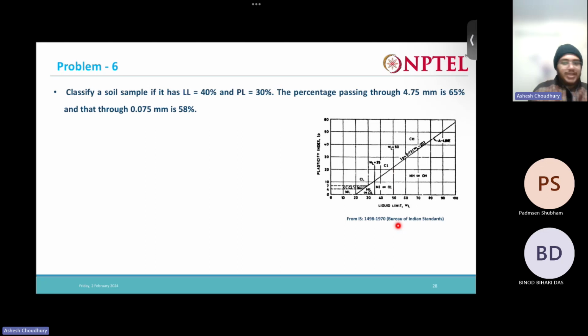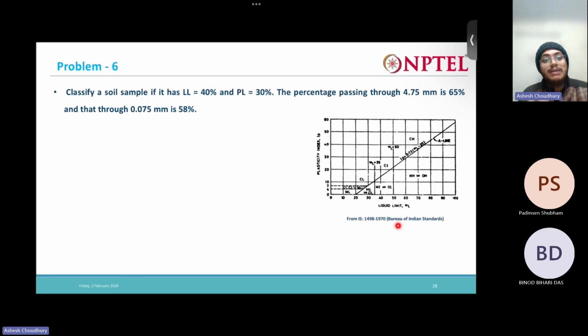You are saying MH. Okay, let us see. You are close, but it is not correct. Just think whether it will be MH or something else. You are 50% correct, but 50% wrong. ML, no, not ML also.